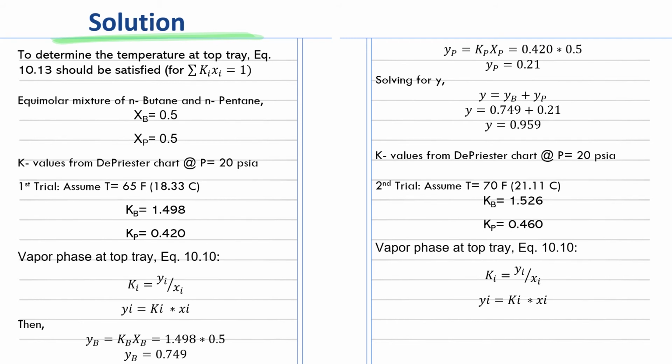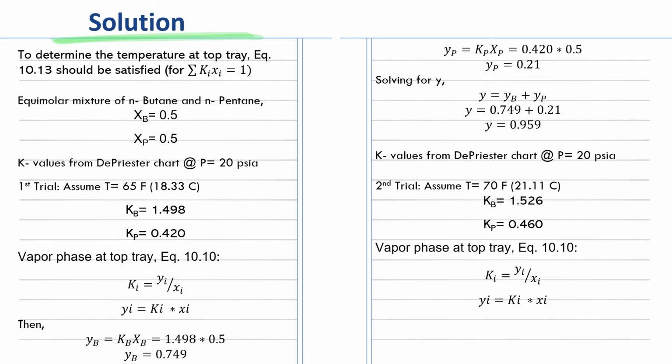We will get our K values from the De Priester chart at a pressure of 20 psia. For our first trial, we assume a temperature of 65 Fahrenheit or 18.33 Celsius. We get the K values for n-butane and n-pentane to be 1.498 and 0.420 respectively.